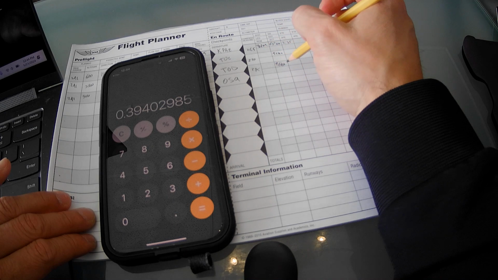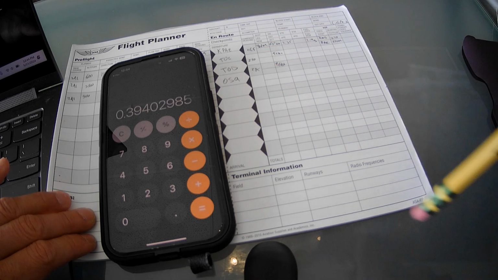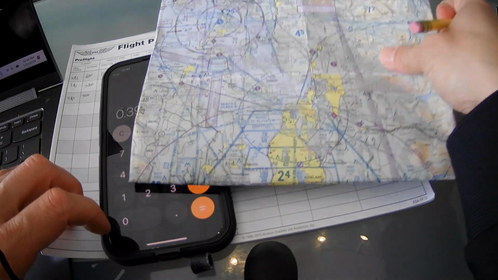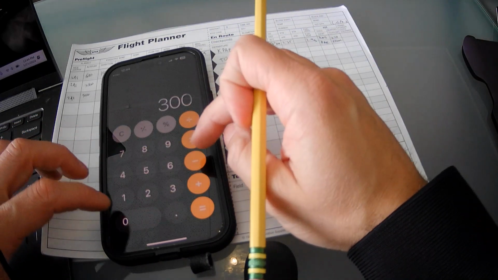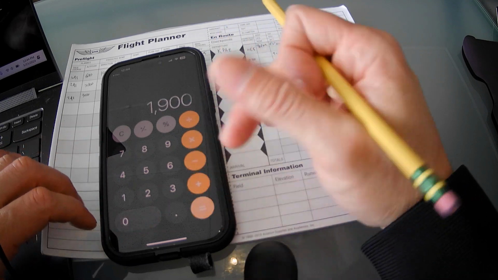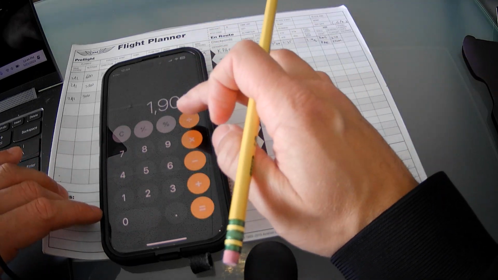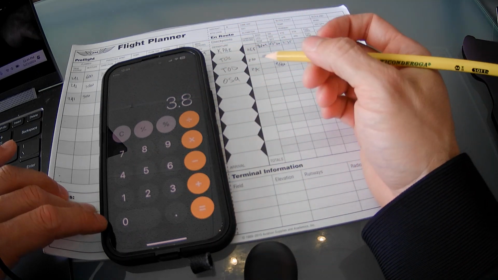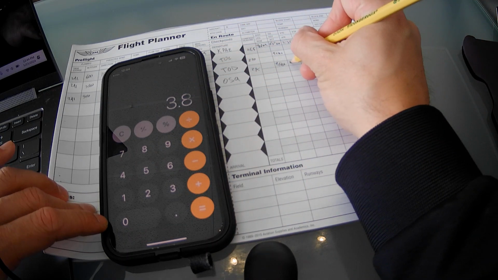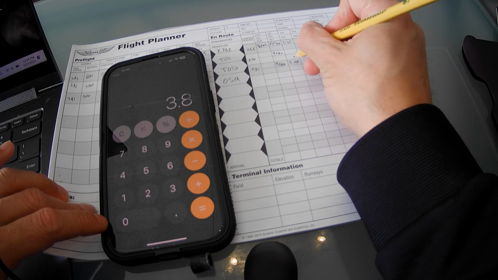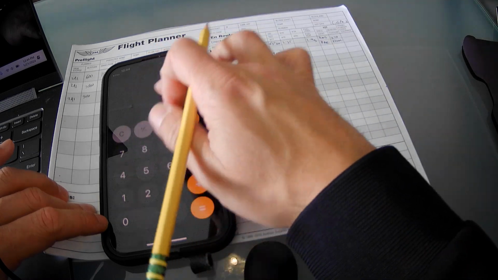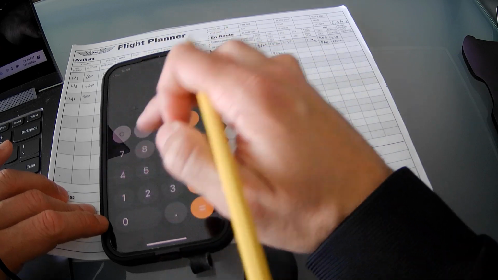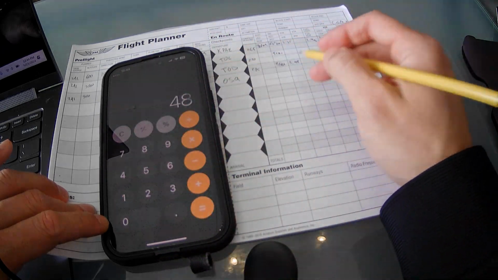Now let's work backwards. If our target altitude for our pattern is going to be 1,100, 3,000 minus 1,100. We're going to descend 1,900 feet. Divide that by 500. That's our rate of descent. It's going to be 3.8 minutes. 3 minutes and 48 seconds. 0.8 times 60 is 48 seconds.